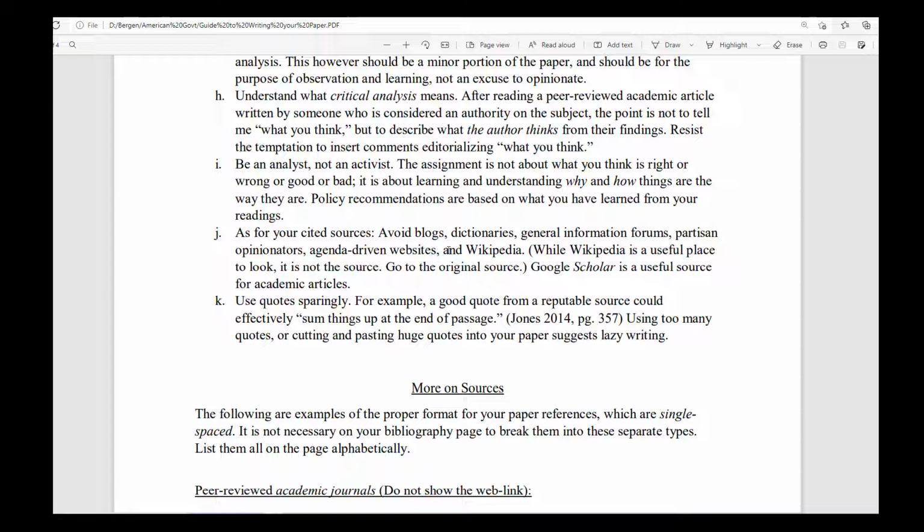Stick with the credible peer-reviewed sources for the most part. Wikipedia is not necessarily a bad place to start looking, but Wikipedia is not the source. Wikipedia is just a forum where people can provide information, and Wikipedia does do a pretty good job of policing it.